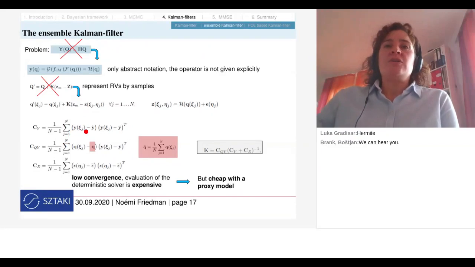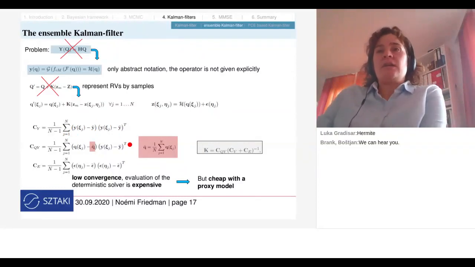So if I have the germ psi, then I can have samples of Y, okay, which is the evaluation at this germ of the observable. Please notice that this is something that we have from the surrogate model directly. And this is its mean value. And this is the covariance matrix that I get from the samples. And like that, I can also get an estimate of the updated random variables.